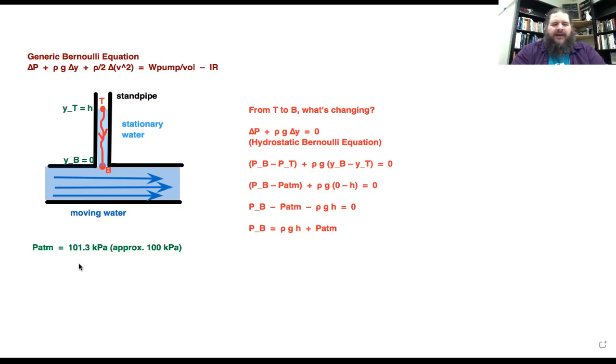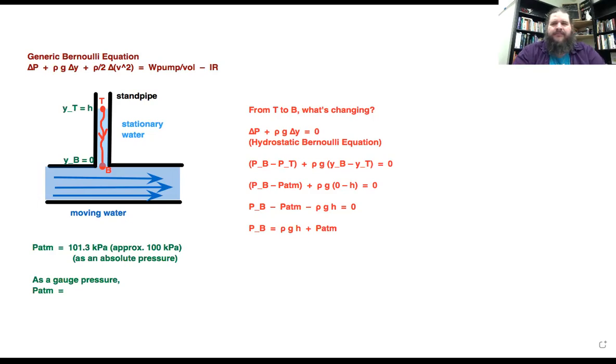But if we're talking about gauge pressure, what would we treat that as? What does gauge pressure mean? Like if I say this object has a gauge pressure of 5 pascals, what does that actually mean?